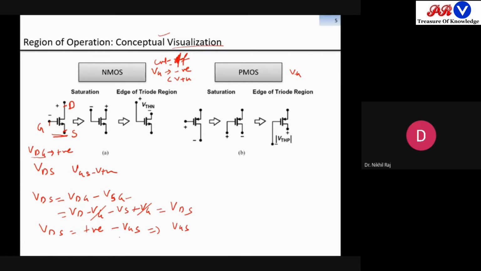So from here we can say that VDG, well, let us write in terms of VDG. Yes, it should be VSG, not VGS.